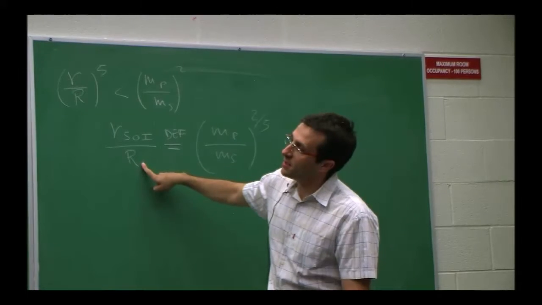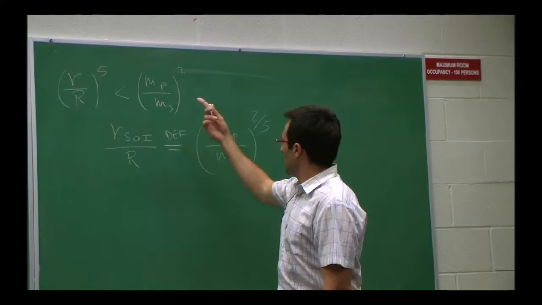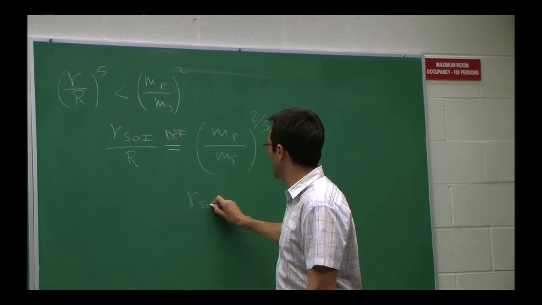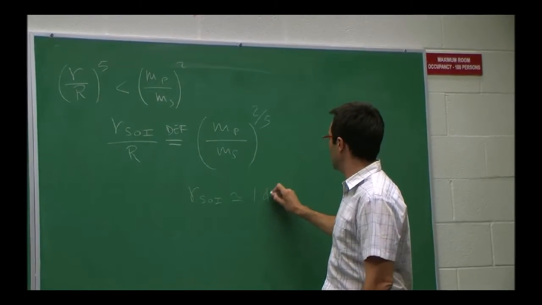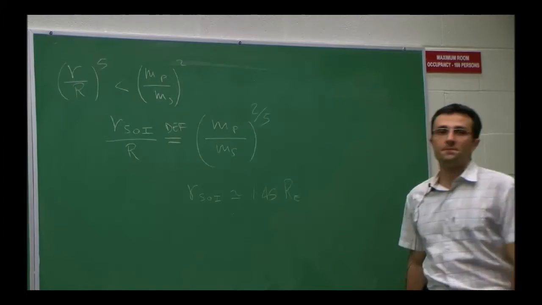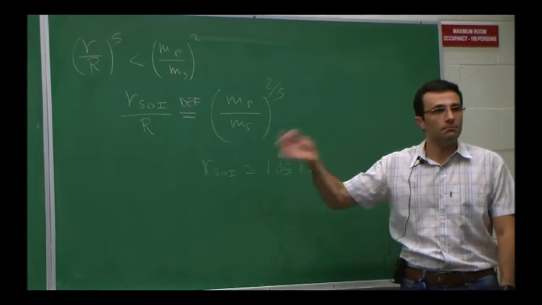This will be the distance of your planet from the sun. That's involved as well. But for example, for the Earth, I believe, if you go in your book, the sphere of influence of the Earth is about 145, something like that, radius of the planet itself. So you have to be 145 times the radius of the Earth away from the Earth to say that you are at the sphere of influence edge.